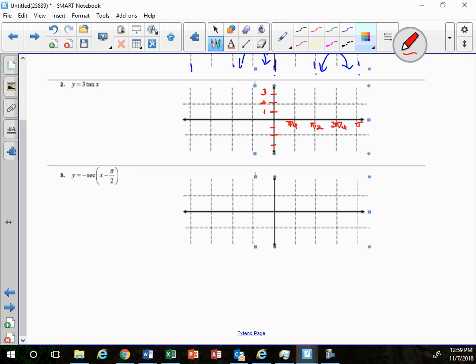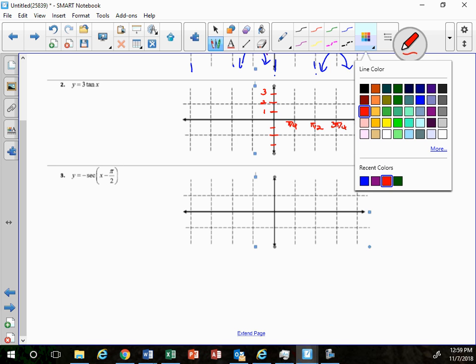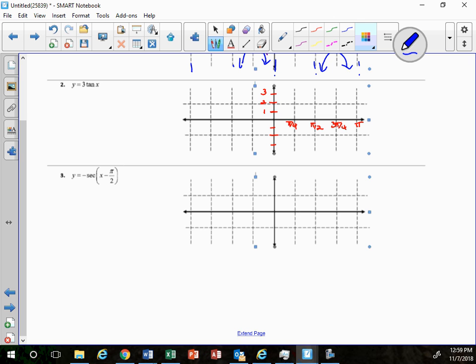Make sense? Okay. So tangent, that's the one that starts at 0. And then at pi over 4, instead of being at 1, where is this dot going to be? 3. Yeah, it's just getting stretched out vertically. Pi over 2 is still an asymptote. Then instead of -1, I'm going to be at -3.